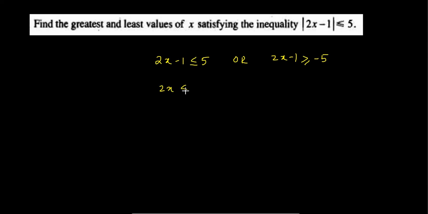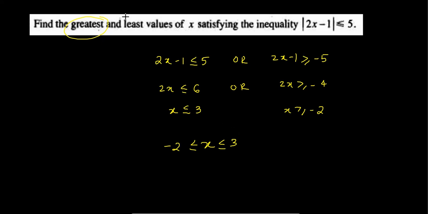That means 2x is less than or equal to 6, so x is less than or equal to 3, or 2x is greater than or equal to minus 4, so x is greater than or equal to minus 2. Combining these two inequalities, x is less than or equal to 3 and greater than or equal to minus 2. So the greatest value is 3 and the least value is minus 2.